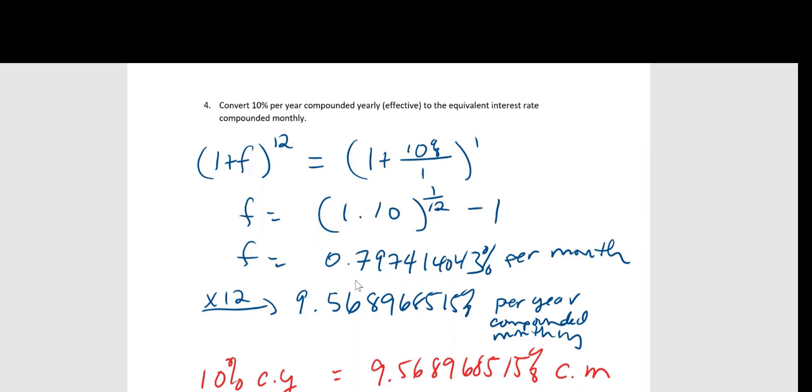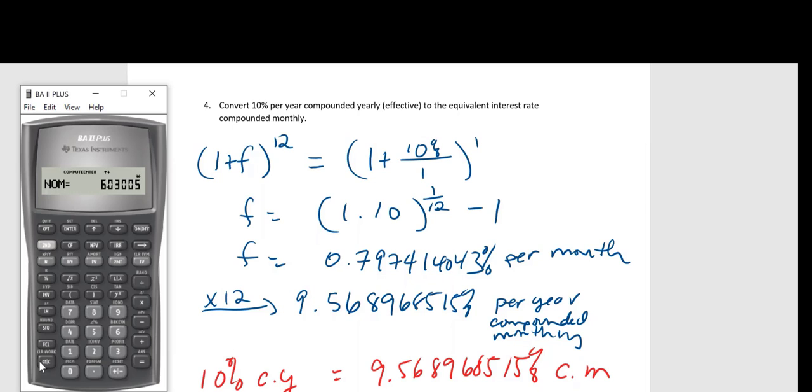This gives us 0.797414043% per month. Multiplying by 12 gives you 9.568968515% per year compounded monthly. This is the nominal interest rate. So 10% compounded yearly is equivalent to 9.568968515% compounded monthly.